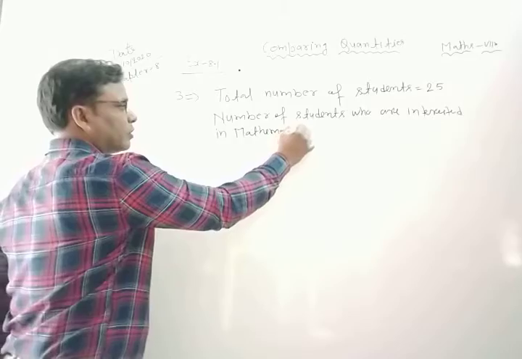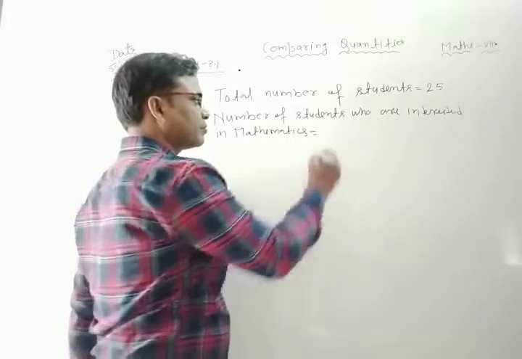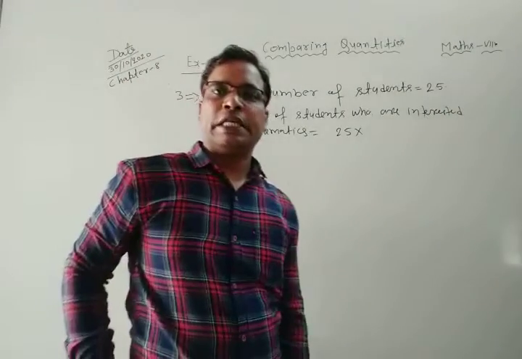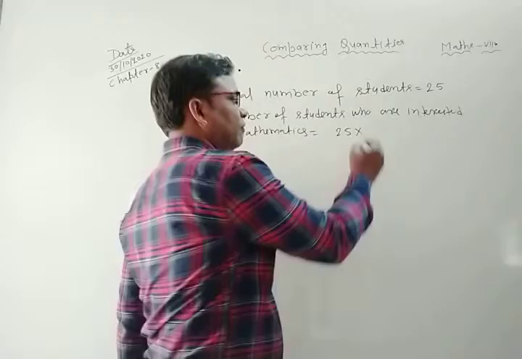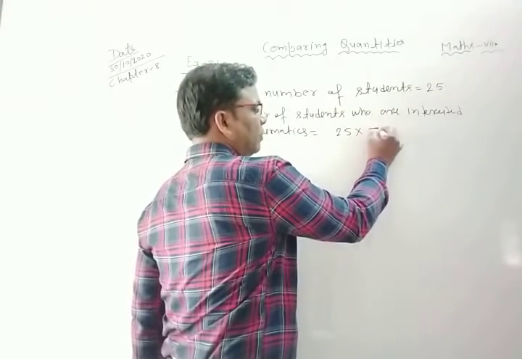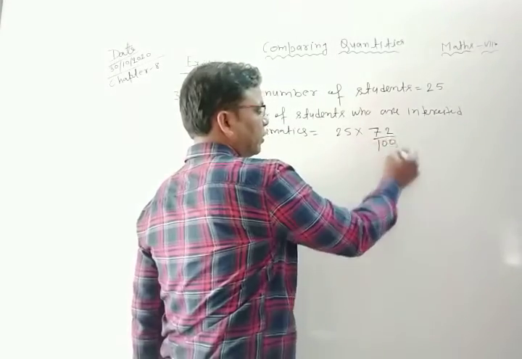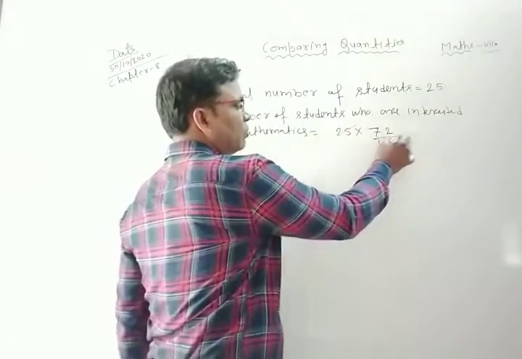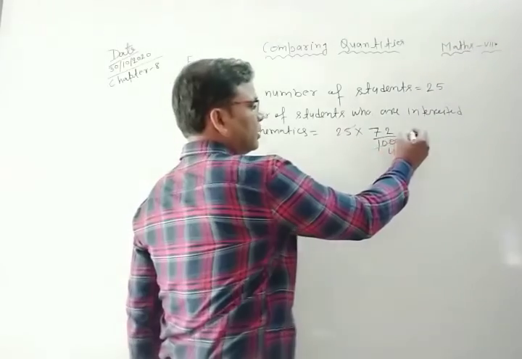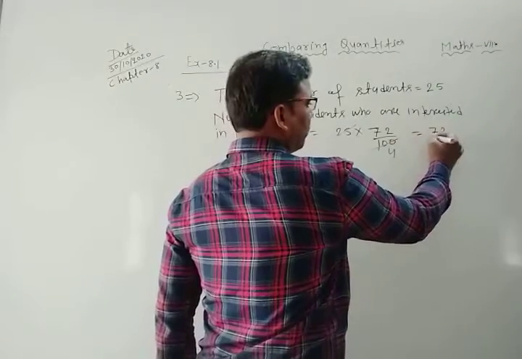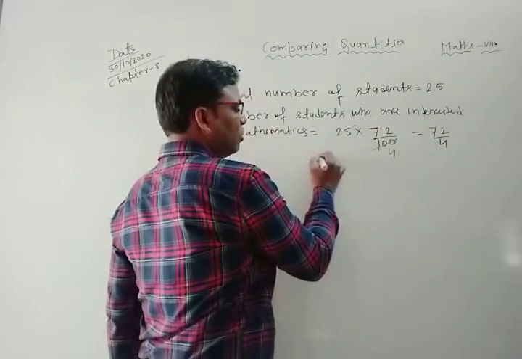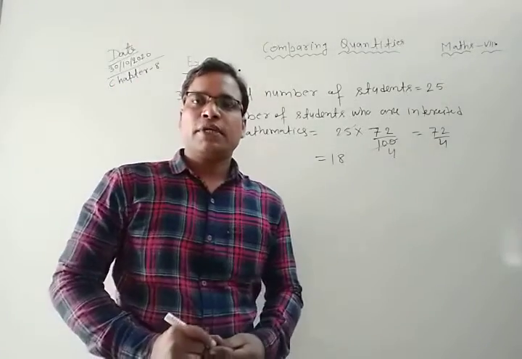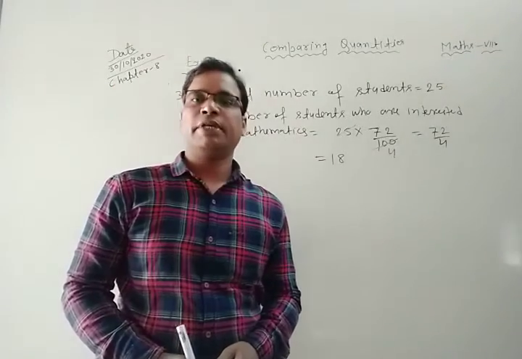This is equal to what? 72% of the 25 students are interested. So 25 into 72 by 100. You can cancel 25 with 100, then here we have 72 by 4. If you divide 72 by 4, then you have 18. So here you can see 18 students are interested in mathematics.